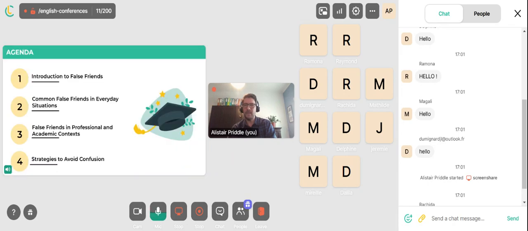So here is the agenda for today. Number 1, introduction to false friends. Number 2, common false friends in everyday situations. Number 3, false friends in professional and academic contexts. And number 4, strategies to avoid confusion.